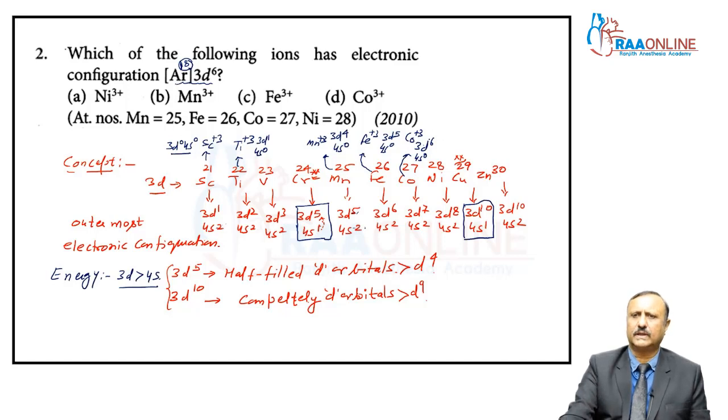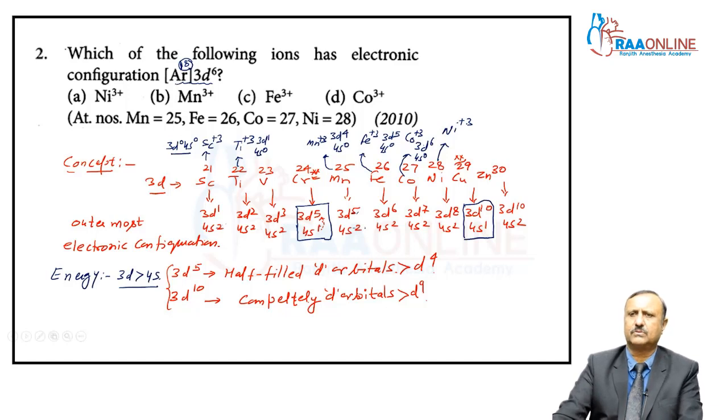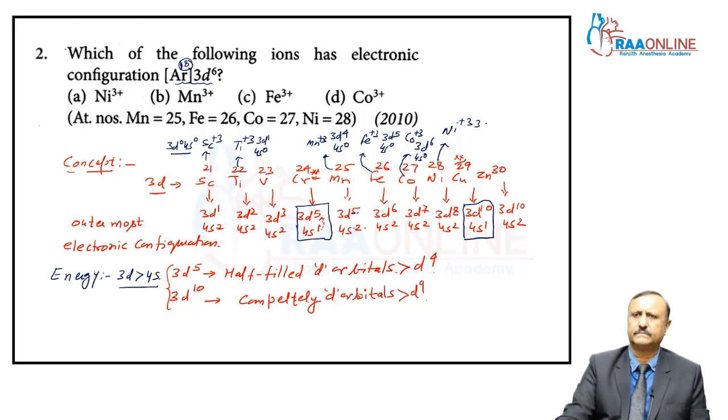Now, when you go to nickel, nickel in the first option is converted to Ni+3, then 2 electrons are removed from here and 1 electron is removed from here. So, you can get, my dear student, 3d7 and 4s0.